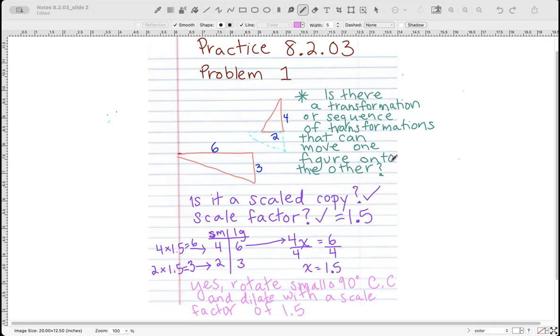You can't dilate it or rotate it in any way in order for them to match up. So you really do, again, got to do the math, because otherwise you might look at it and go, yeah, it kind of looks the same. Those are scaled copies. And then when you really do the math, you'll figure out that they don't go together. Times two, times 1 1/3. They're not scaled copies. And that's all for that video.